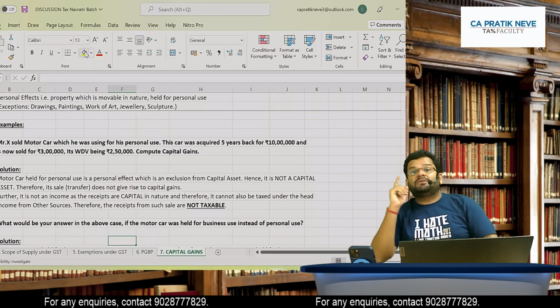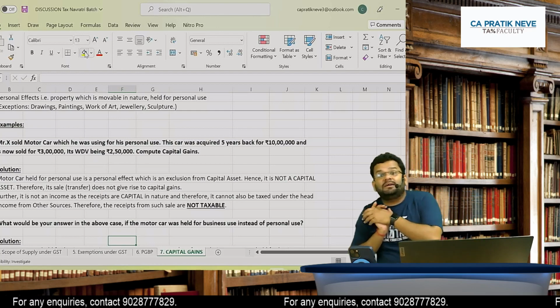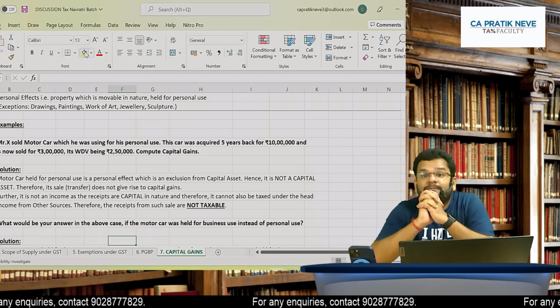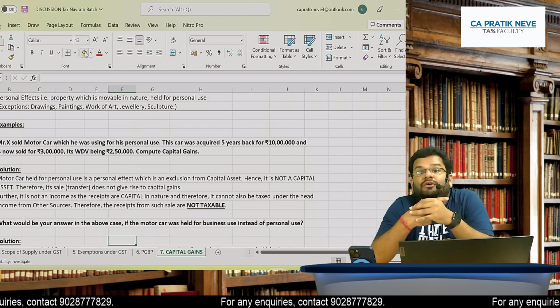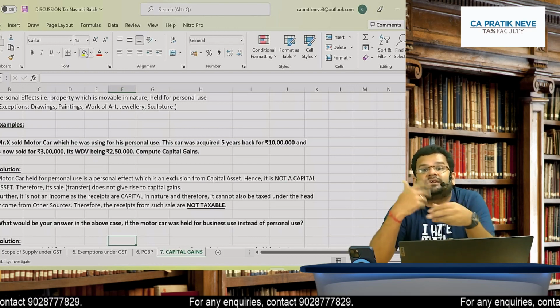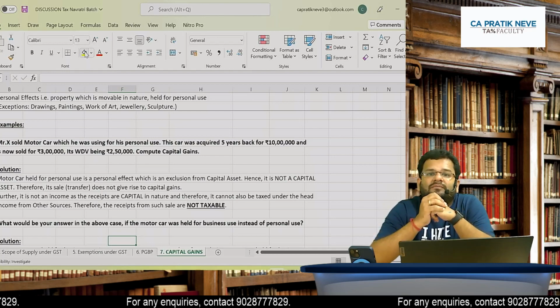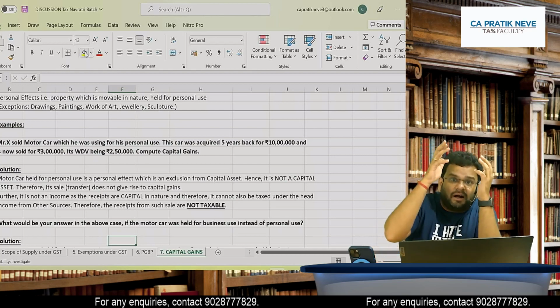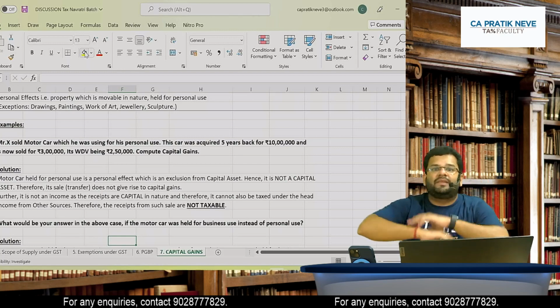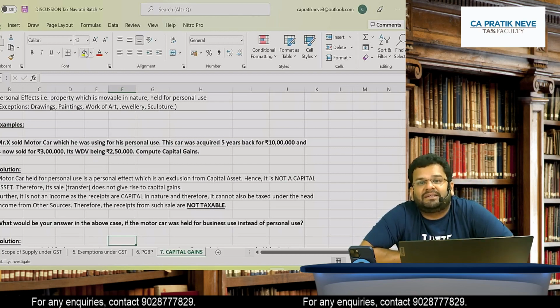Okay, personal effect specifically excludes, means there are exceptions to personal effects. So whatever are exceptions to personal effects, indirectly, Ankush, they will become capital assets.